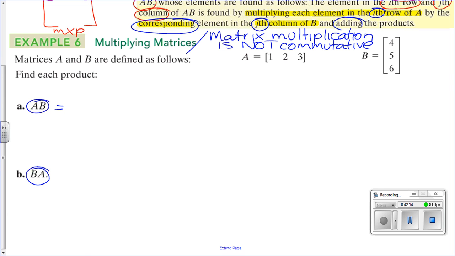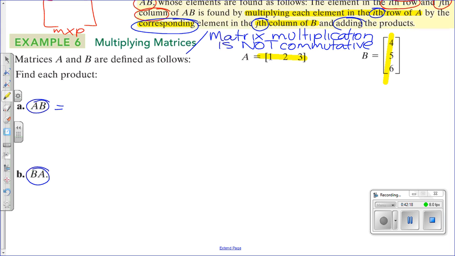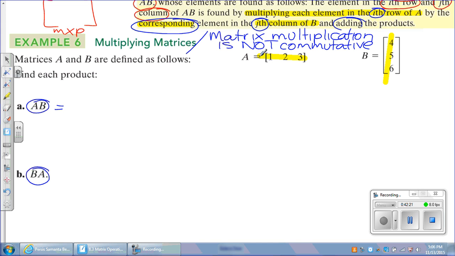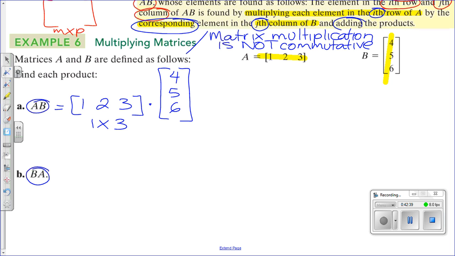So matrix A, we will be using the matrices from here and here. Matrix A, let's write it down, will have dimensions 1 row by 3 columns: 1, 2, and 3. Matrix B: 4, 5, and 6. The dimensions for that matrix are 3 rows and 1 column.